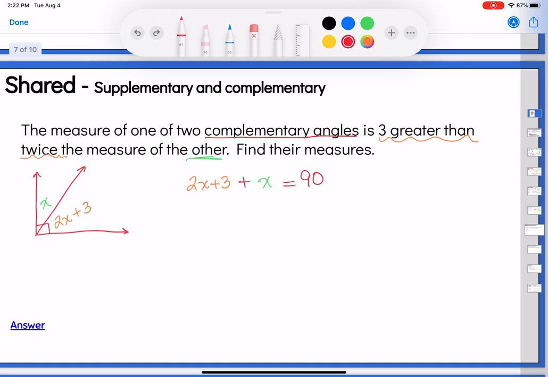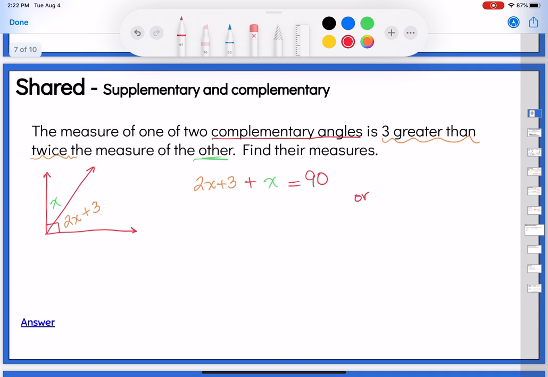Oops, I don't usually like to label in my work. So that's one way to do it. Or you could have set this up as a system. And you could have said x plus y equals 90 because they're complementary. And then we could say one of them, actually, let's do y, usually you guys do that, y equals 3 greater than 2 times the other, so 2x plus 3.